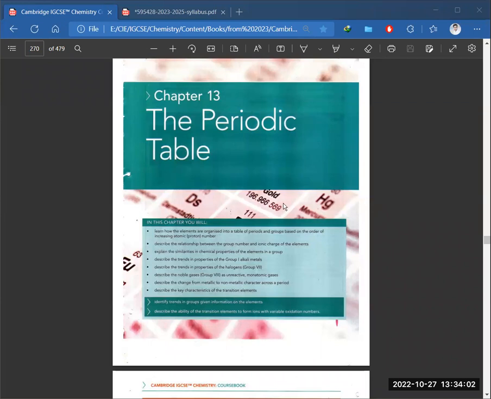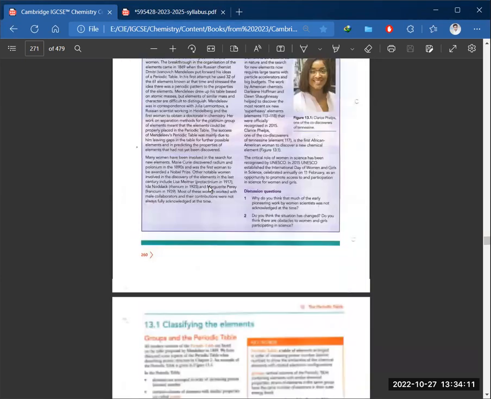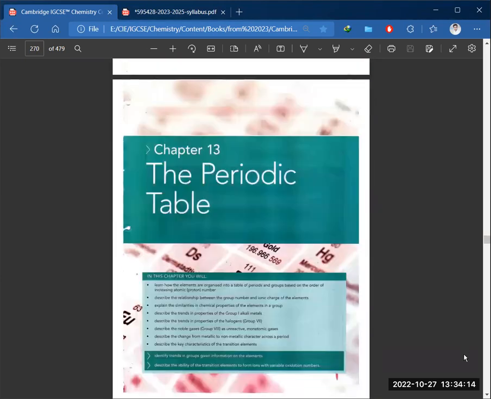Now, instead of starting metals, we'll actually start from another chapter. Metals is the chapter after this. So we'll actually start with the periodic table directly. And I want you to read from me. Just a second, I'll record again.